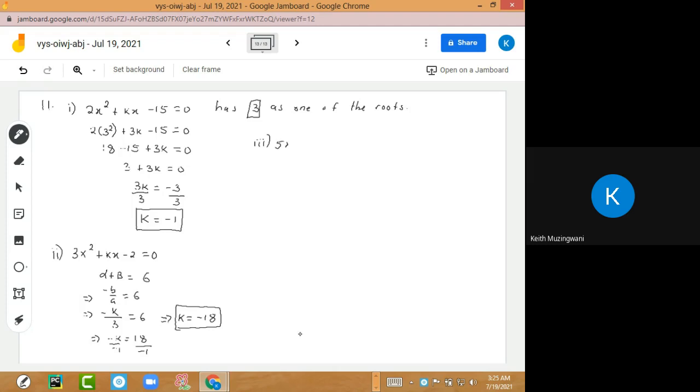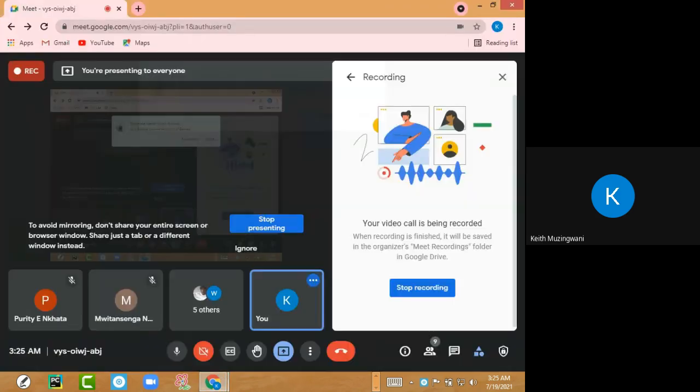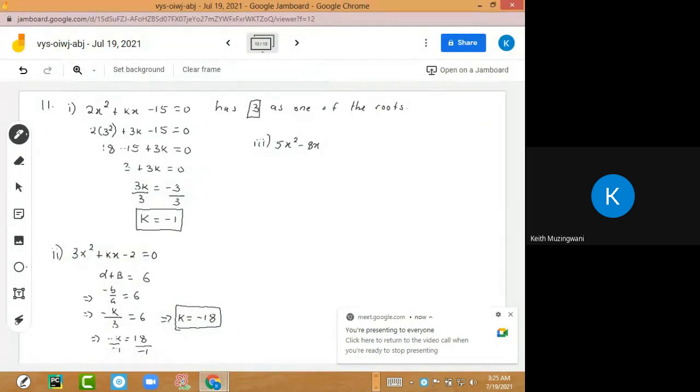5x squared minus, is it 5x squared? Yeah, minus 8x plus k is equal to 0 has roots whose sum is 1/5.